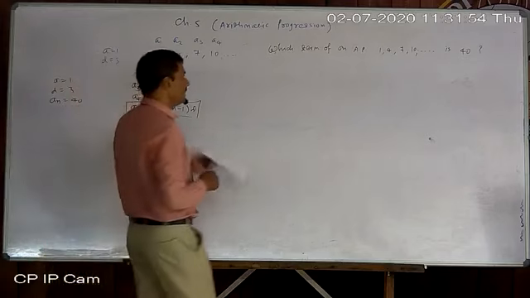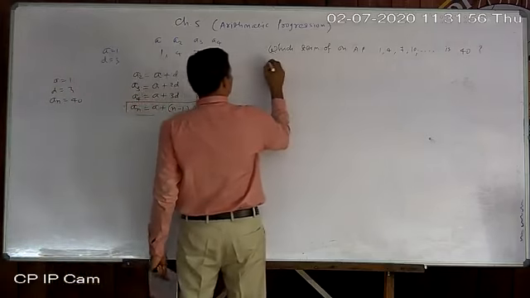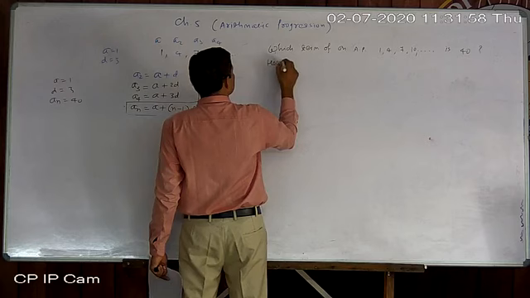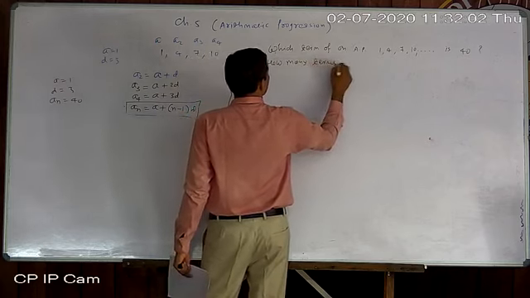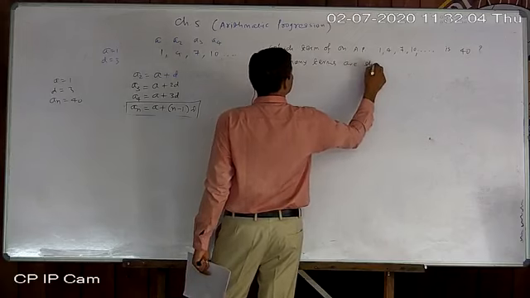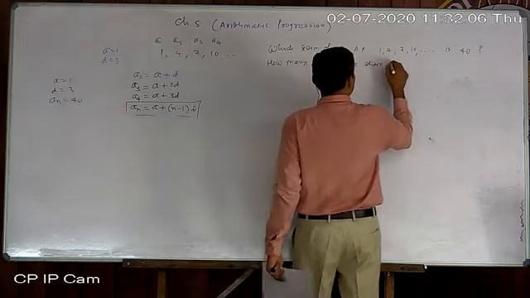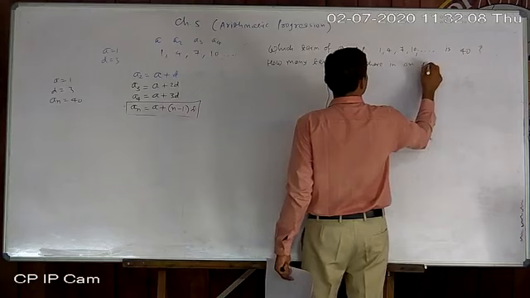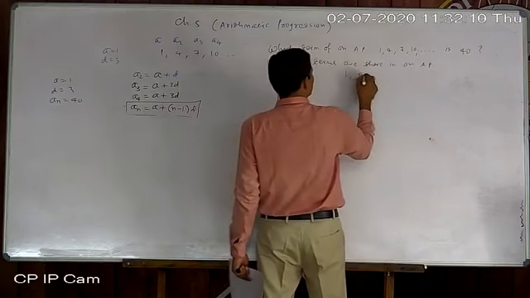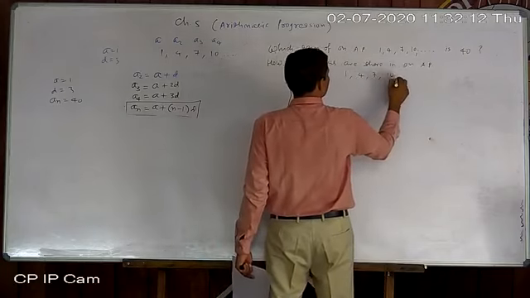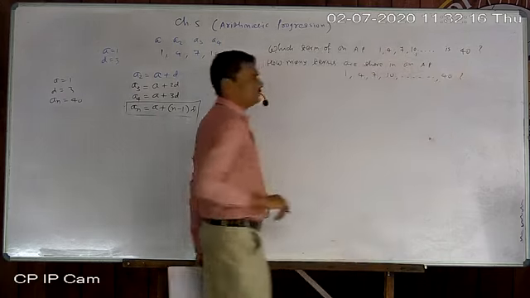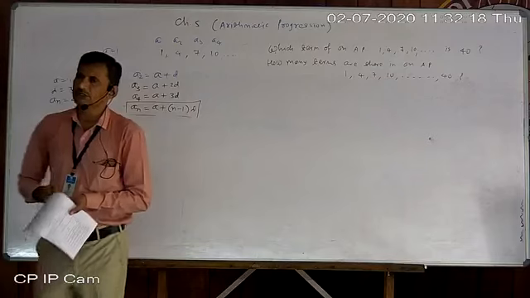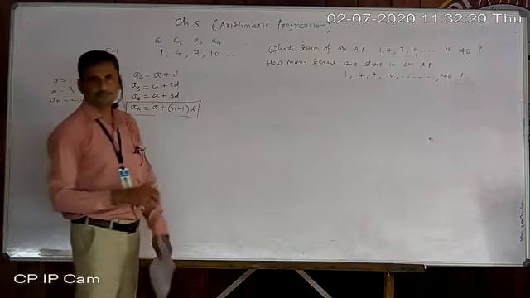It is the value of that term. Otherwise, this same question can be asked: how many terms are there in an AP 1, 4, 7, 10, dot dot 40. Both are the same only. The meaning of both statements is the same.